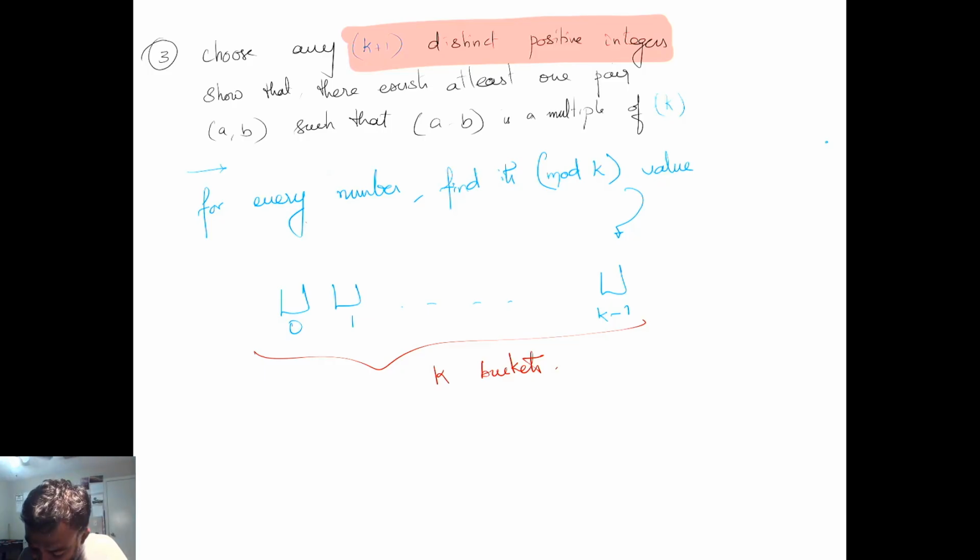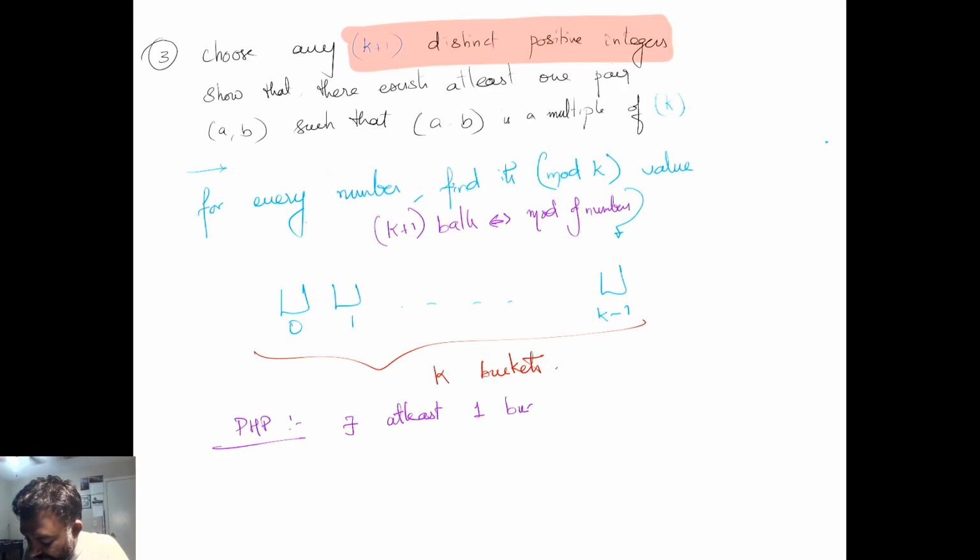So you have k plus 1 balls, equivalently the mod of the numbers. So directly what you get by PHP is that there exists at least one bucket with greater than or equal to 2 balls.